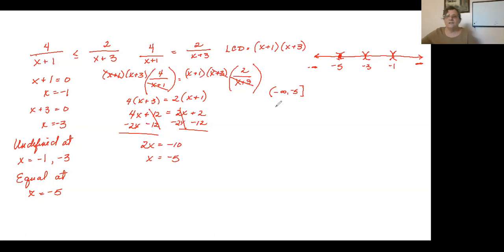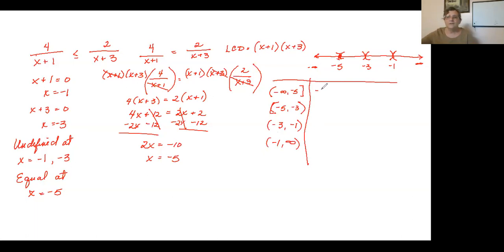So negative infinity to negative 5, negative 5 to negative 3, negative 3 to negative 1, negative 1 to infinity. Those are my intervals.